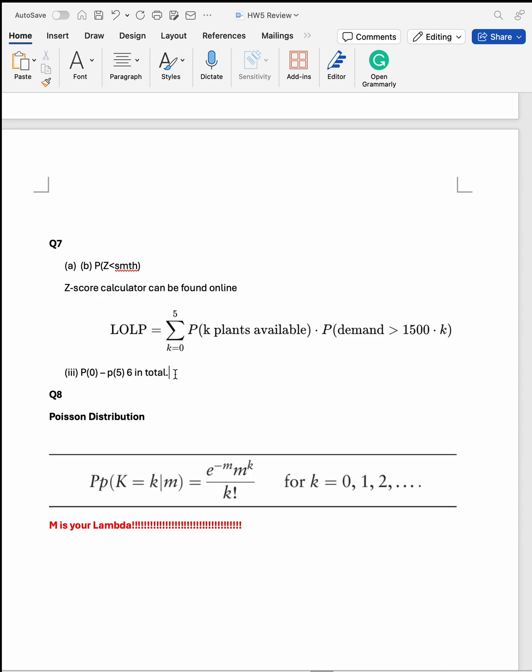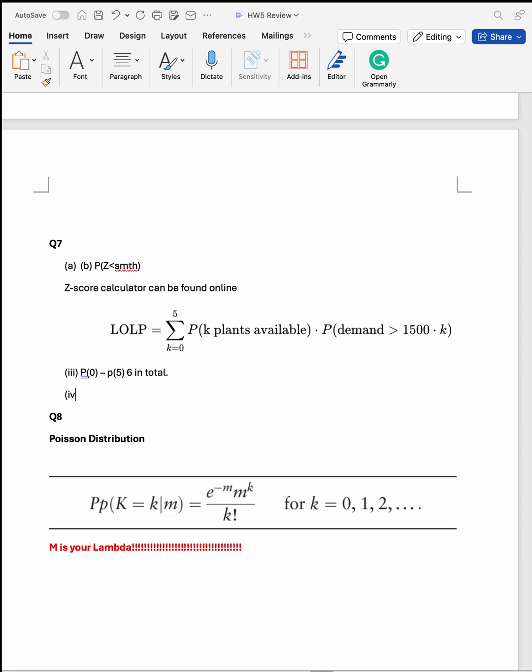After this, for part 4 of this question, you will also have to calculate 1500 megawatts. Again, you will have to use the probability of z bigger or smaller than something and get the real number.